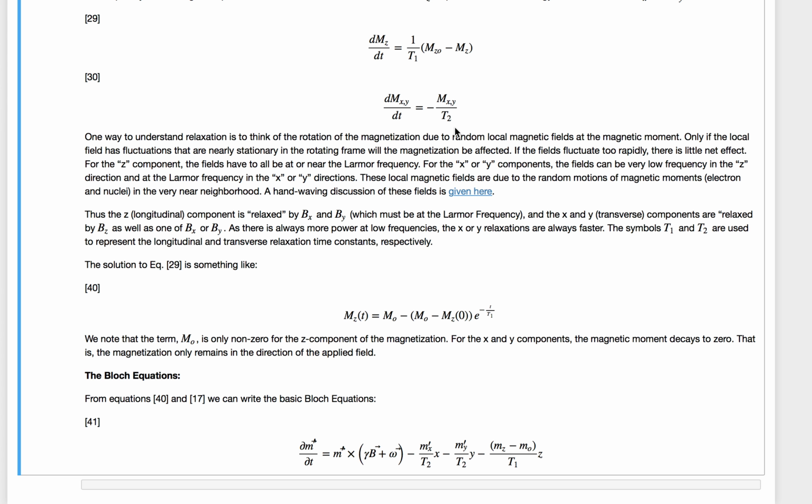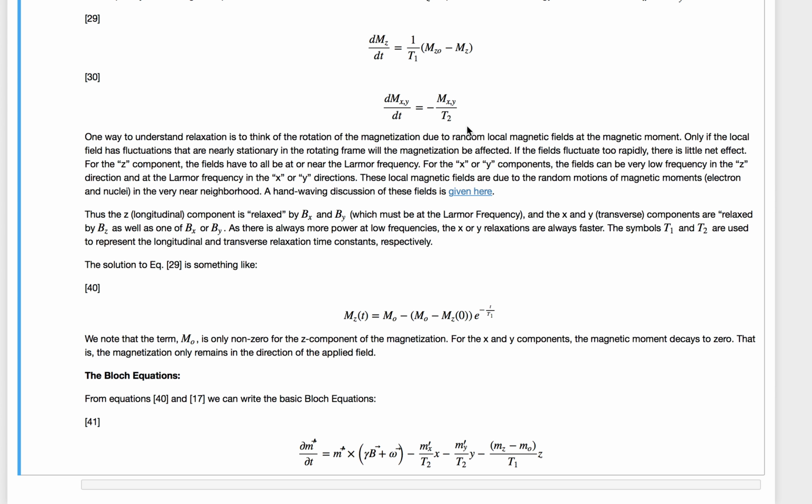T2 can be very short, so the time that the magnetization stays in the transverse plane can be very short, and it relaxes, like I said, with T2.